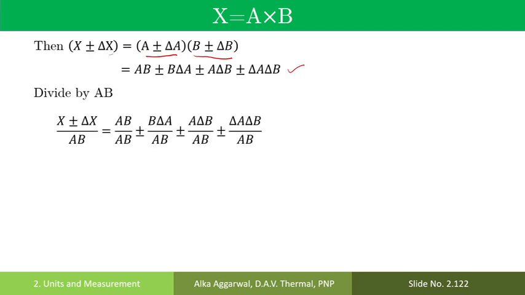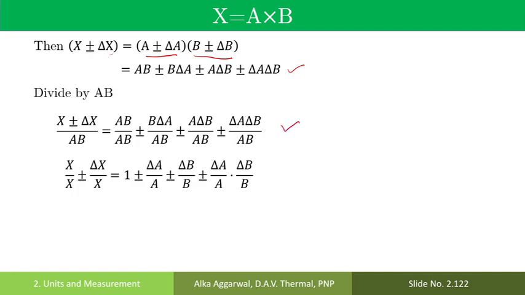Dividing the left hand side and right hand side by AB, we get this. As AB is equal to X, so we write here X upon X. Delta X upon AB is equal to delta X upon X.